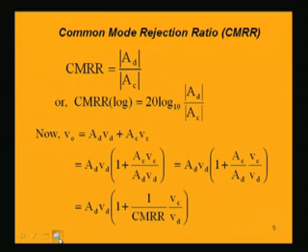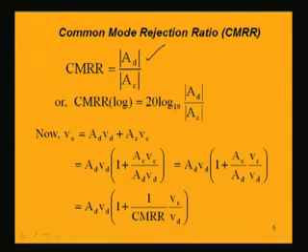The ratio between the magnitude of the difference gain and the common mode gain of the op amp is known as CMRR or common mode rejection ratio. In absolute quantity, it is this expression, which is the ratio between the magnitudes of these two gains AD and AC, or it is also taken in logarithmic unit, that is log of CMRR is also taken.